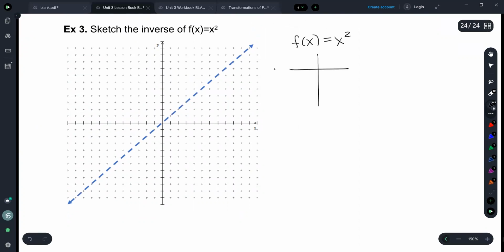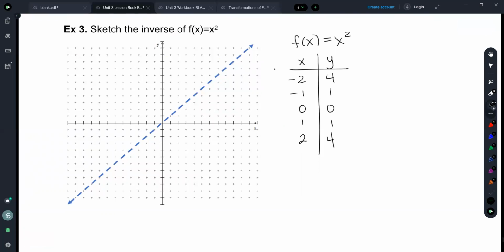I'm going to do some points. Some good x values would be -2 to +2. And we said once we square them, we'd get 4, 1, 0, 1, and 4. So that's what we're going to start with. I'm going to put it on the graph just so that we have a visual of what we're doing here.